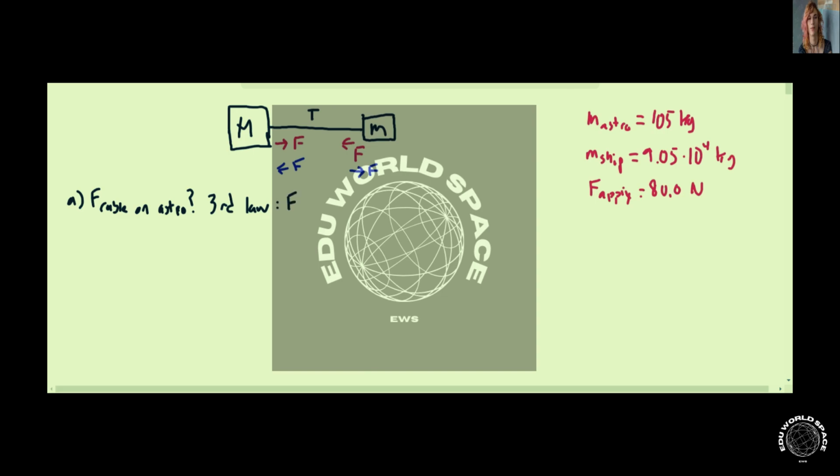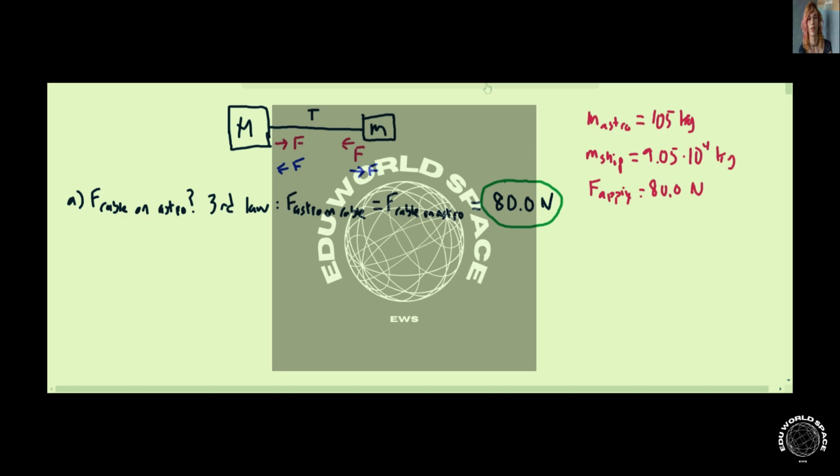The force of the astronaut on the cable is equivalent to the force of the cable on the astronaut. So equal and opposite reactions here. So our cable is going to exert an equivalent 80 newton force on our astronaut.